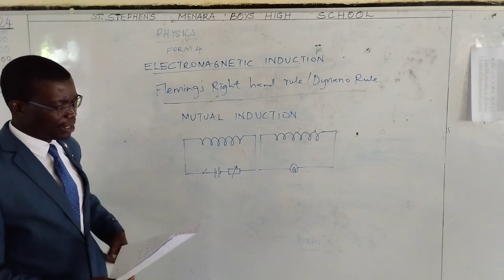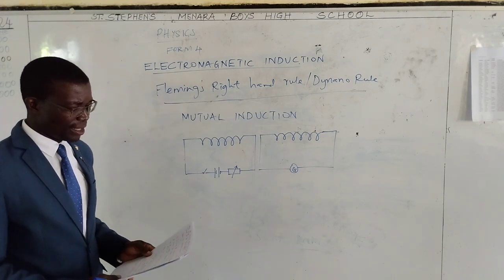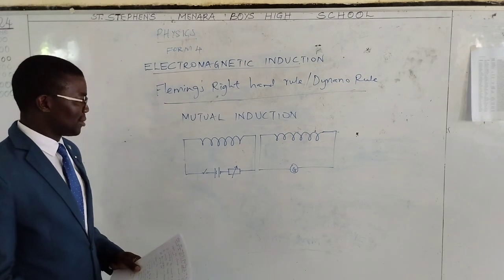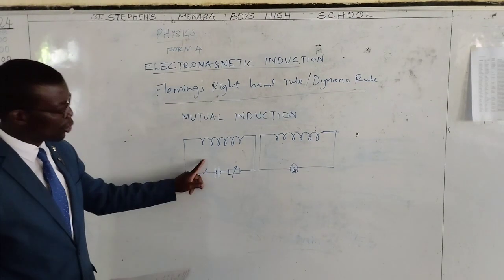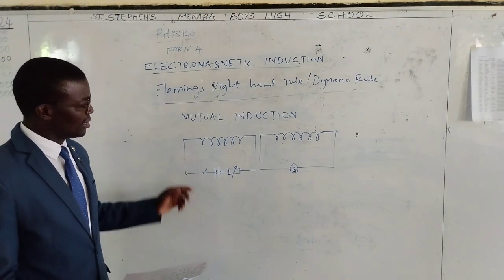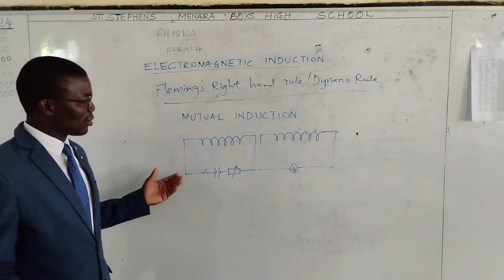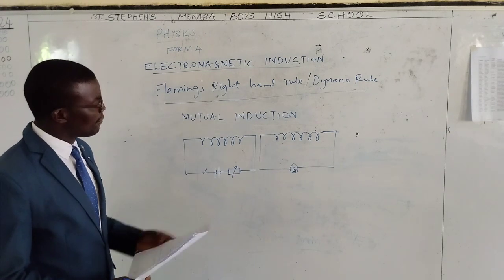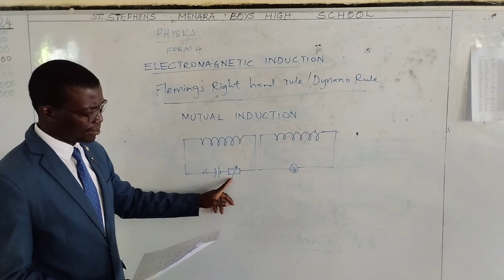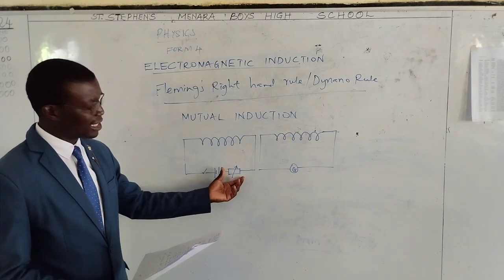Now, how do we change the current in the primary coil? Number 1, by switching on and off. When you switch off, then no current flows. You switch on, it moves from 0 to maximum. Number 2, vary the current using a rheostat. This is a rheostat. It's a variable resistor.